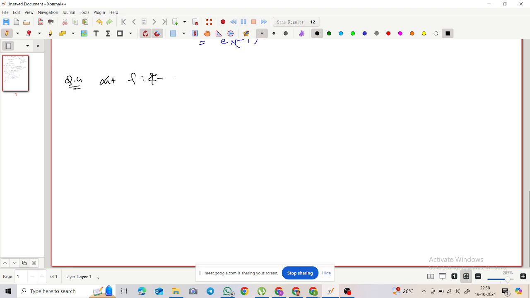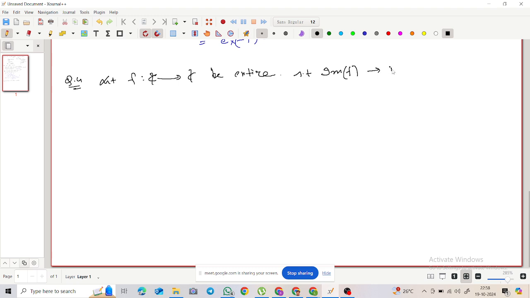Let f: C to C be entire, such that image f, this means the imaginary part of f. Okay, understood? This is the imaginary part of f.